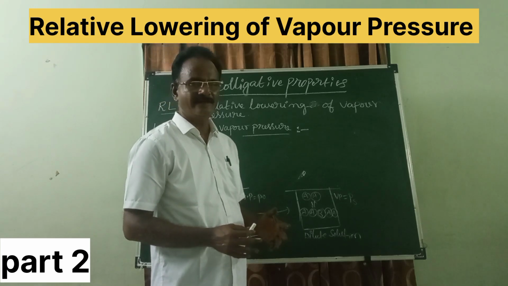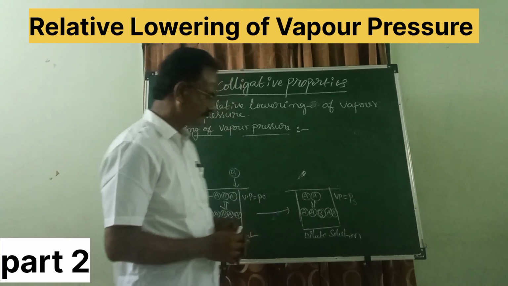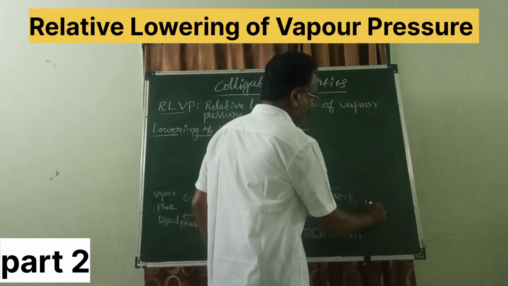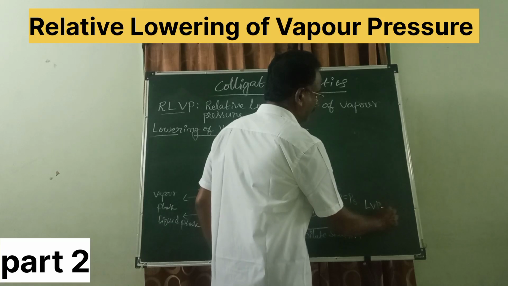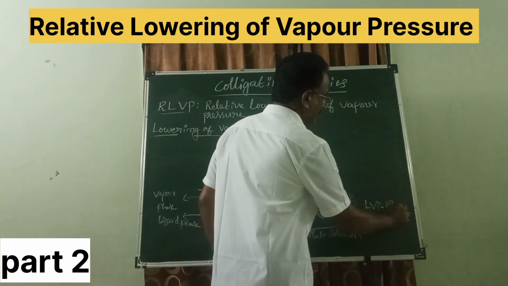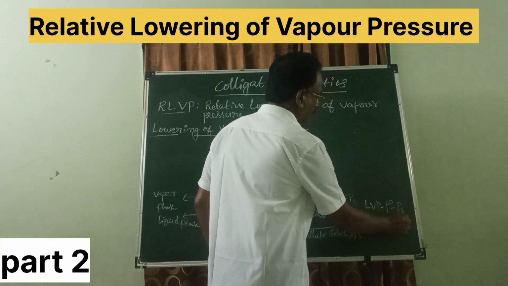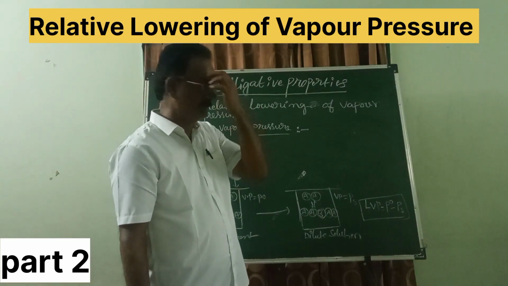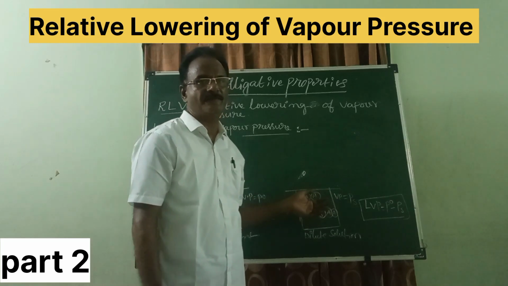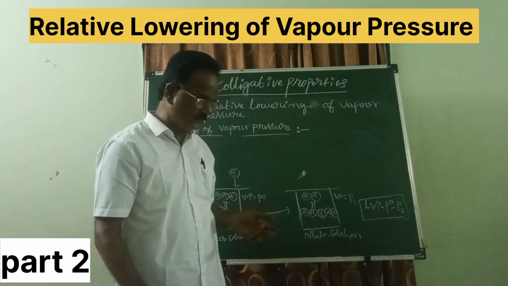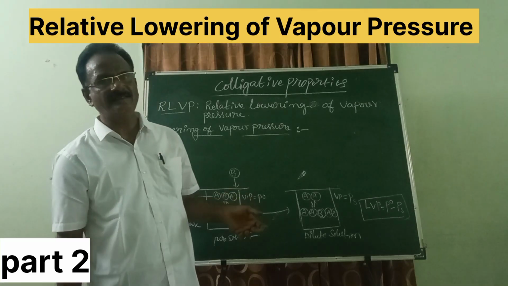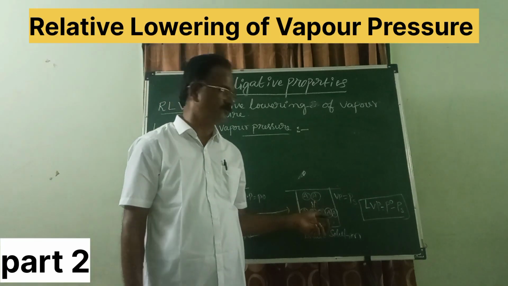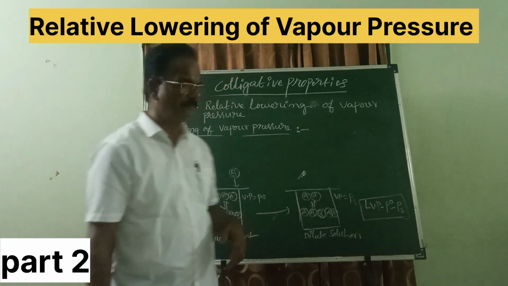This can be represented as P0 minus Ps, which is said to be LVP, lowering of vapor pressure. Here P0 is the vapor pressure of pure solvent, that means before adding non-volatile solute. Ps is after adding non-volatile solute. Then the pressure is reduced, which is said to be lowering of vapor pressure.